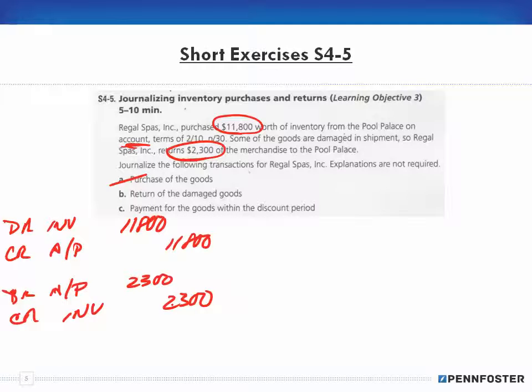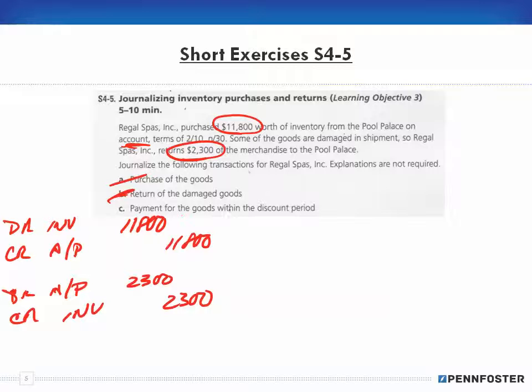Okay, it's just that simple in this situation. If the original transaction or transactions were more complicated, I have to go back and reverse engineer to figure out what amounts.